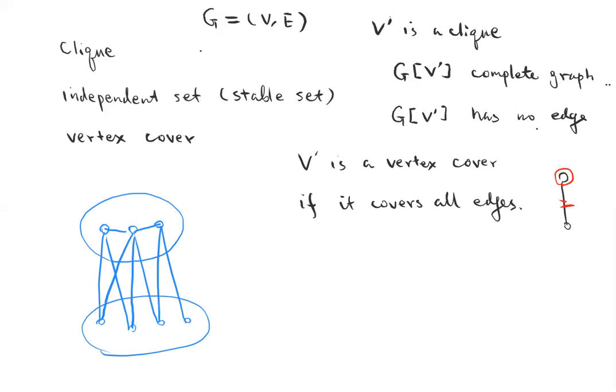All right, so in this picture, V prime is the vertex cover. So all edges of the graph are either cross edges or on the V prime side. So this side has no edge at all when V prime is a vertex cover. That means this side is an independent set.